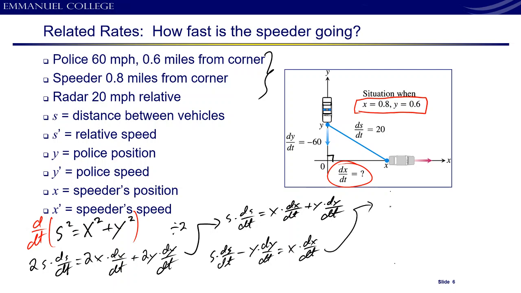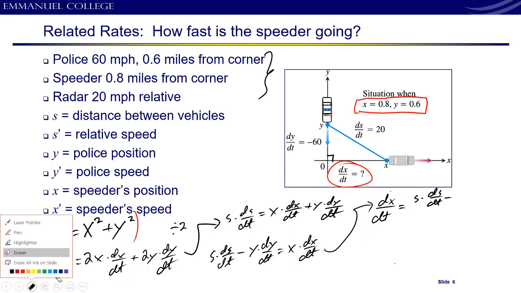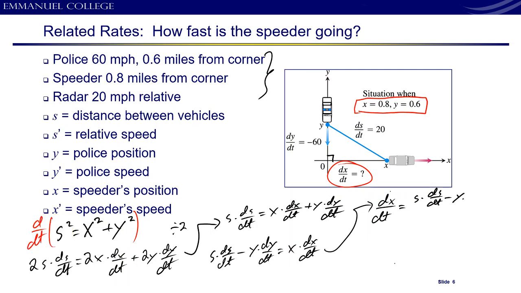Last thing to do to get dx/dt by itself is divide x from both sides. So dx/dt is equal to s times ds/dt minus y times dy/dt, all divided by x.